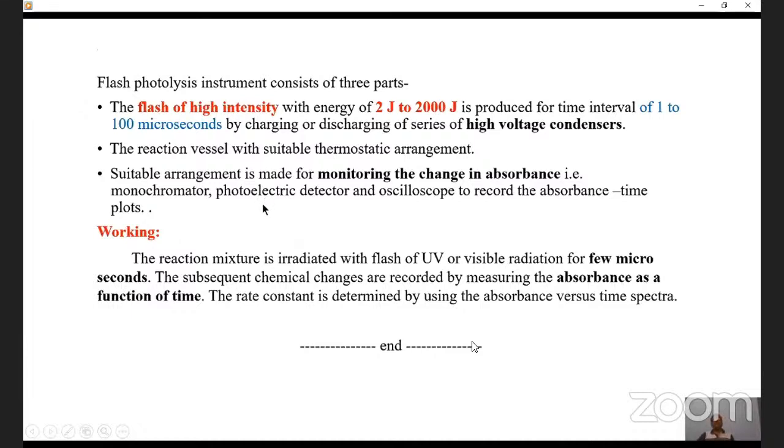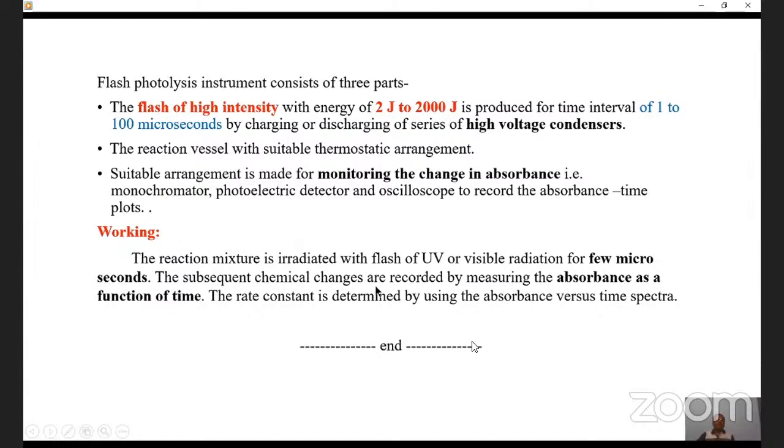Now then, how does this flash photolysis instrument work? The reaction mixture is placed in a reaction vessel. This reaction mixture is then irradiated with a flash of UV or visible radiation for a few microseconds.